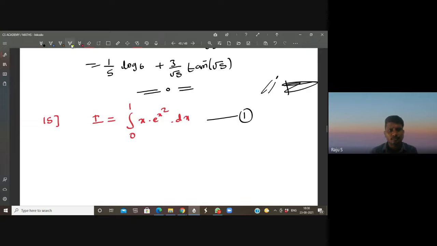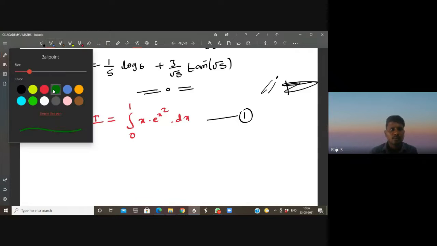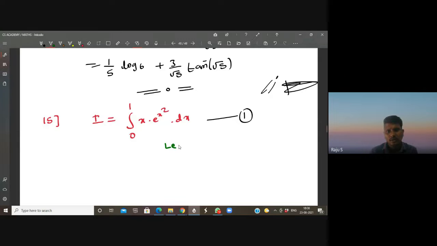The same question we already solved in definite integration. Am I right? Let us take t is equal to x square, or x square is equal to t. T is equal to x square.